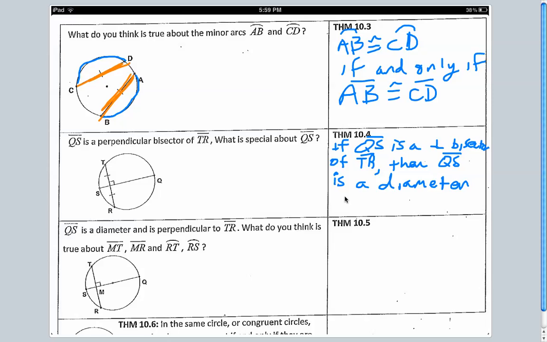Down here, we've got all these questions, and I'm not even going to worry about the question. I just want to tell you what it means. In this picture, we've got QS is a perpendicular bisector of RT.